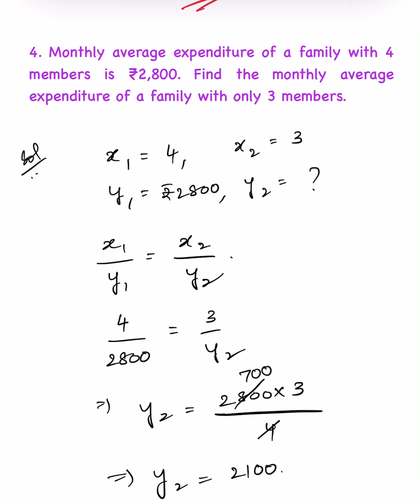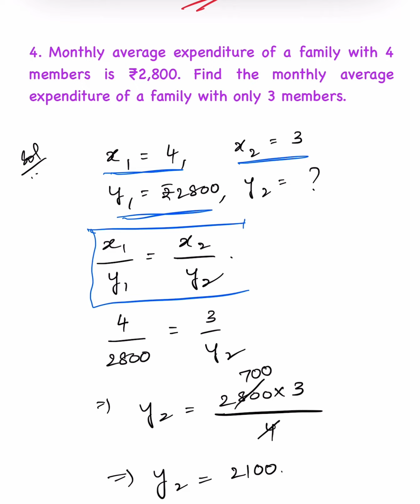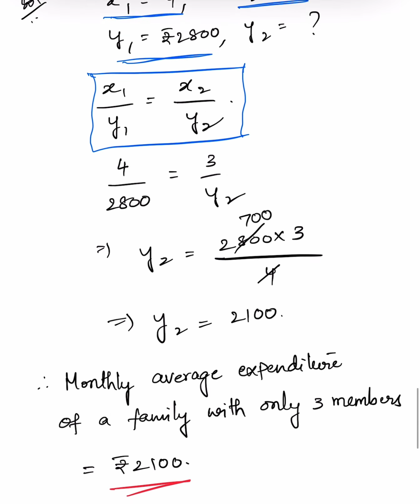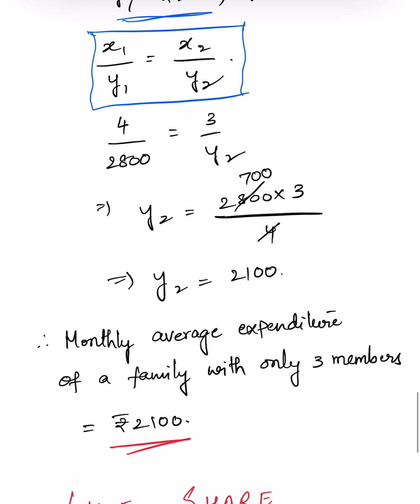So x1 is 4, y1 is 2800, x2 is given as 3. What is y2? x1 by y1 equal to x2 by y2, because it is also in direct proportion. 4 by 2800 equal to 3 by y2. y2 equal to 2800 into 3 by 4. y2 equal to 2100. Therefore the monthly average expenditure of a family with only 3 members is 2100 rupees.